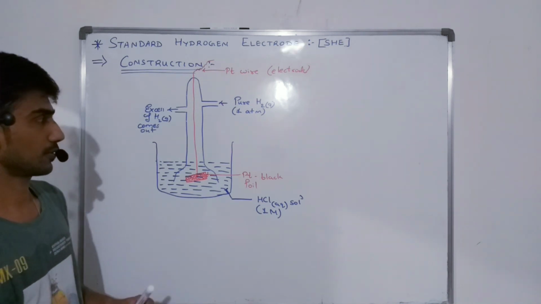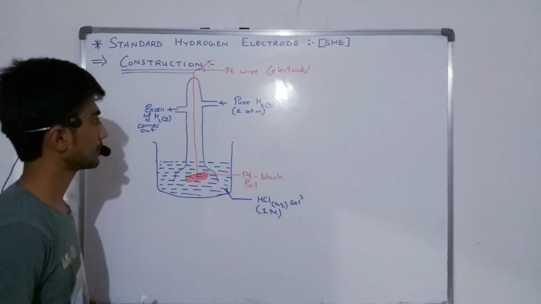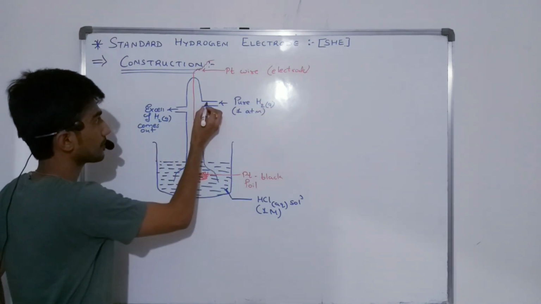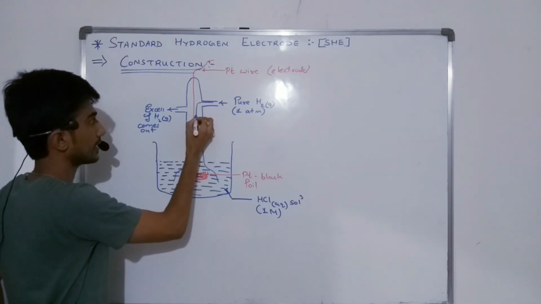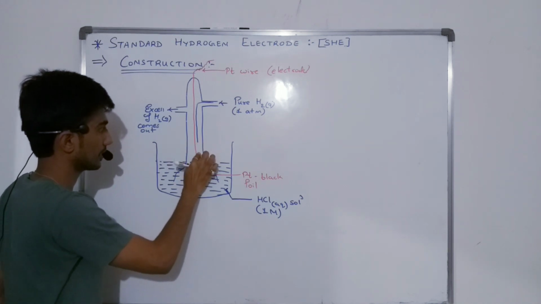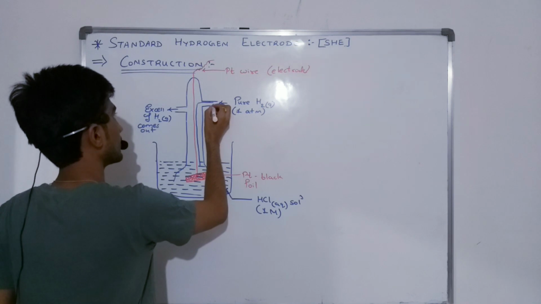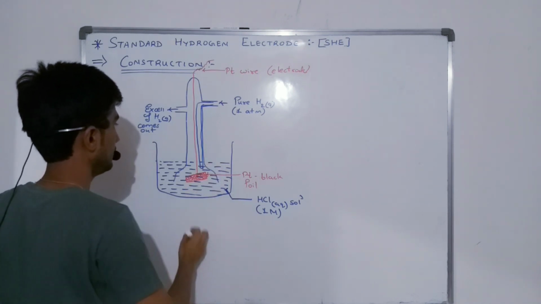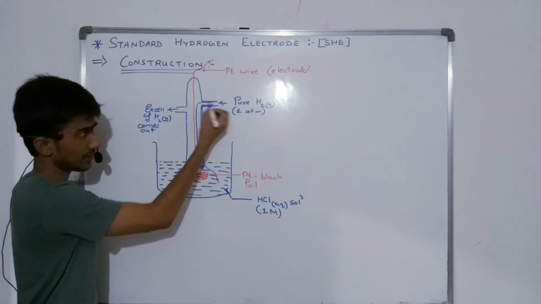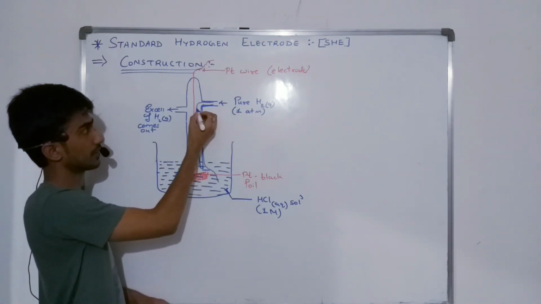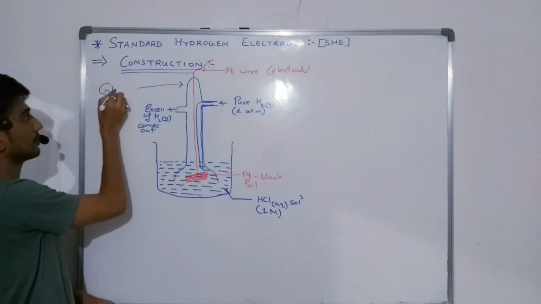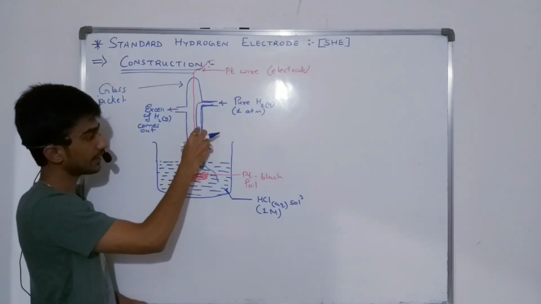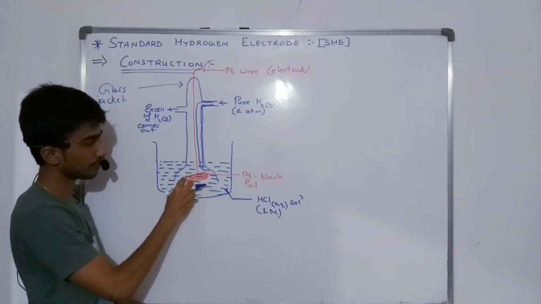Now what will happen in this electrode? Whenever this pure hydrogen gas is inserted through the glass tube from here, whenever this hydrogen gas is entering this tube, this is our glass jacket, it will fall on this platinum black foil.